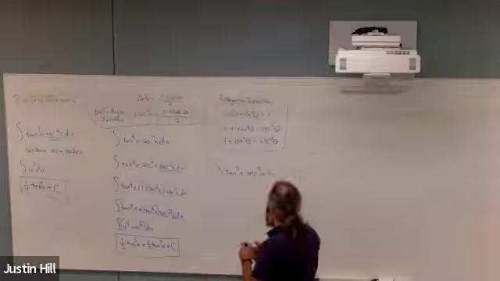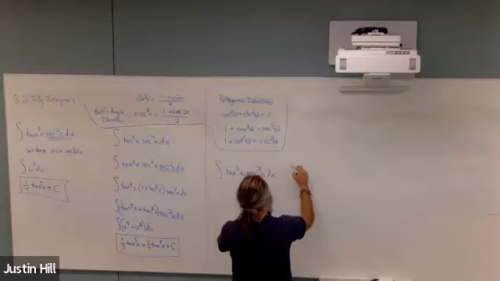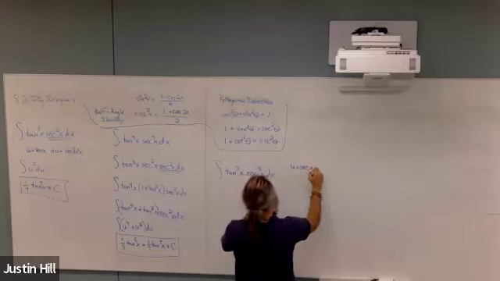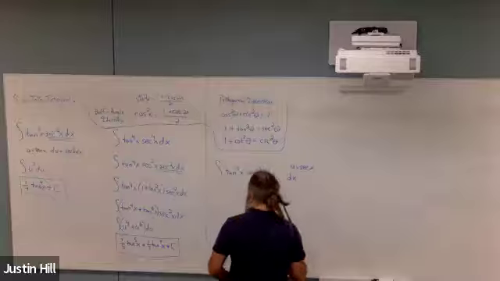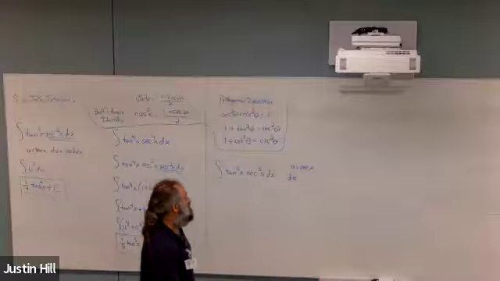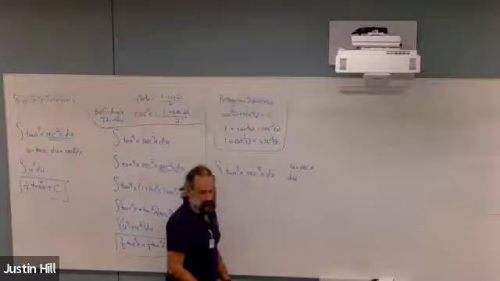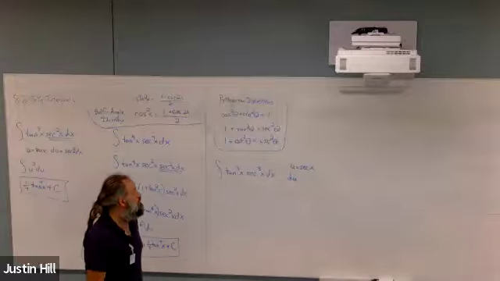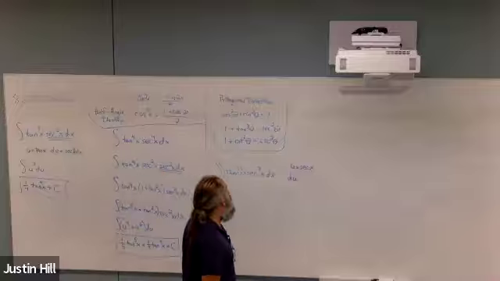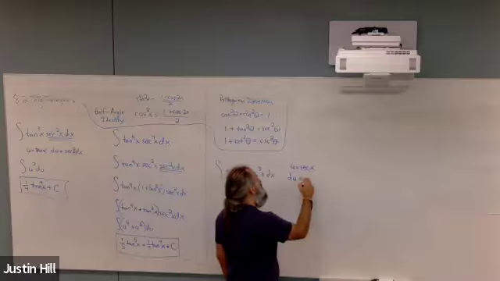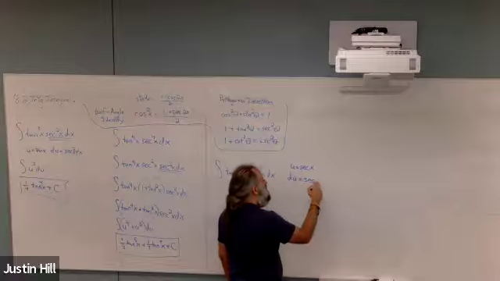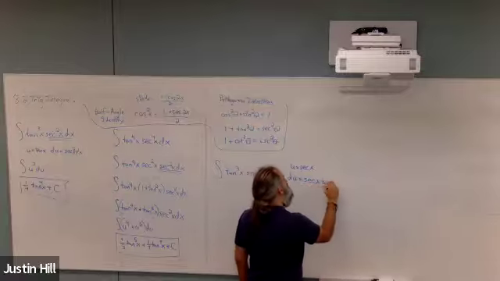So really quick, if u is going to be secant x, what is my du? Then my du is going to be, the derivative of secant is secant tangent.